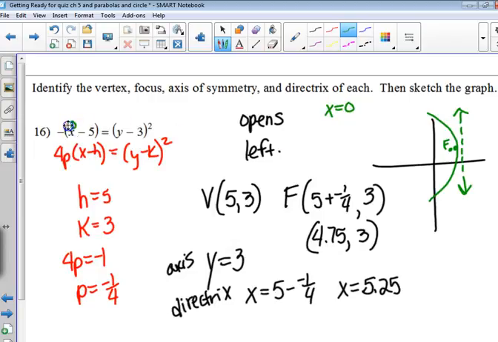If I put that in there, this would be −5. The opposite would make it 5. I'd have the square root of 5 equals y − 3. So 3 plus or minus the square root of 5 would give us 2 points on there. Anyway, what else? Yes.